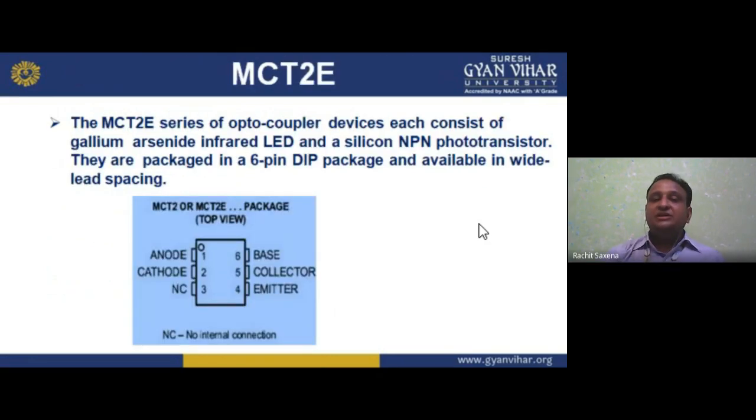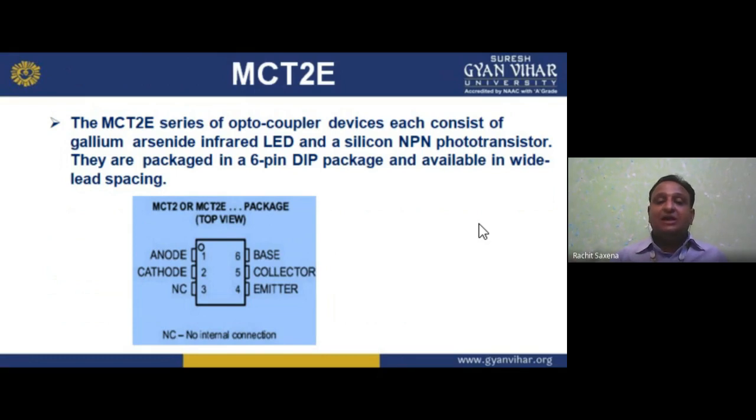Now MCT2. MCT2E is basically different from the previous. It is a series of optocoupler devices.